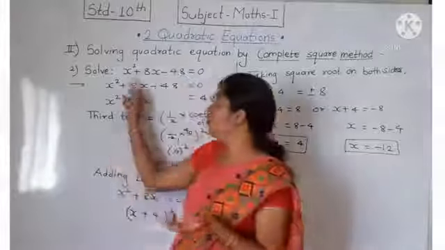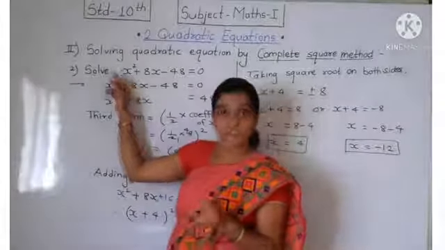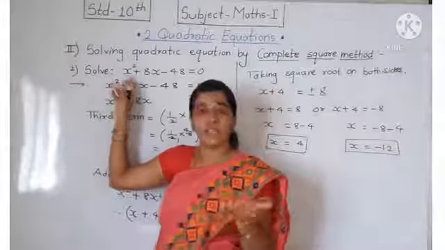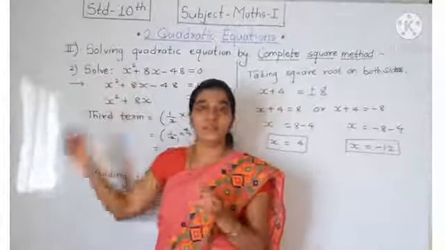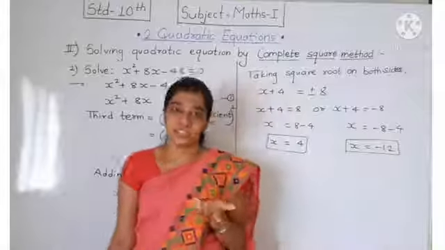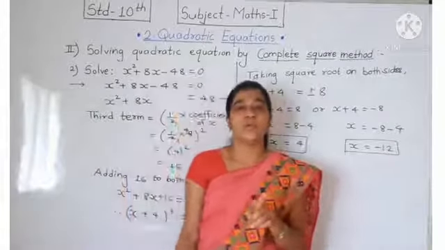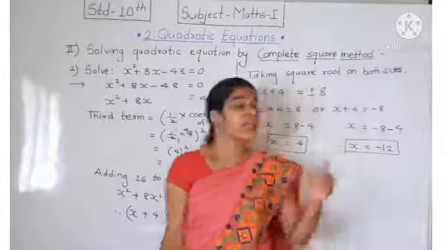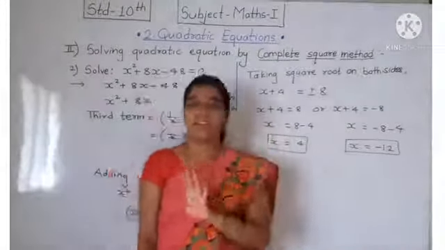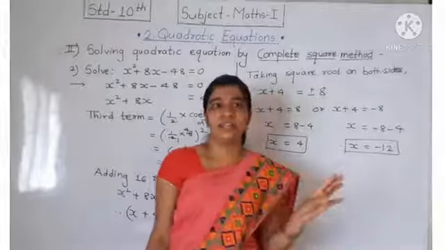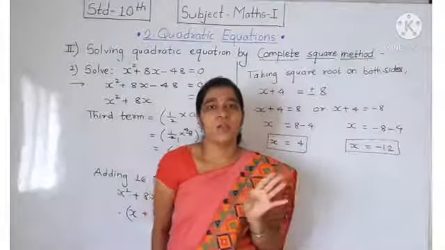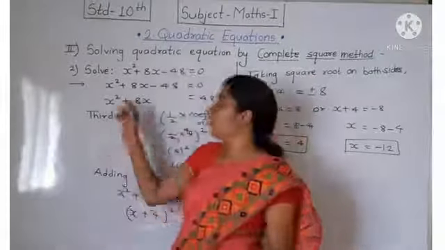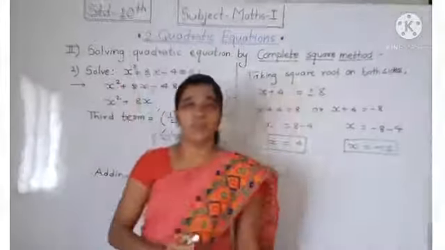One example whose x square coefficient is 1, then you directly solve. In the other example, if the coefficient of x square is not 1, then as the first step you must make the coefficient of x square 1 and then solve. In the factorization method, you do not make the coefficient of x square 1. Only in the complete square method you make it 1, if it is not.